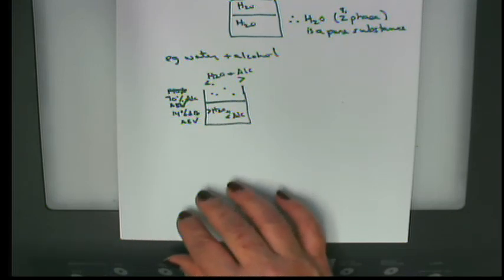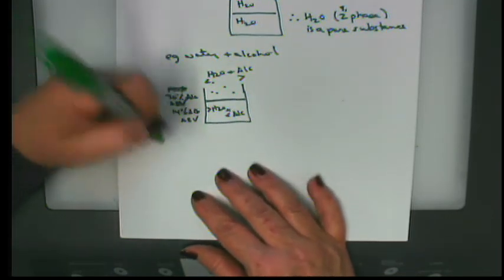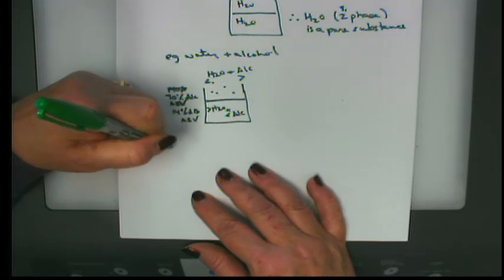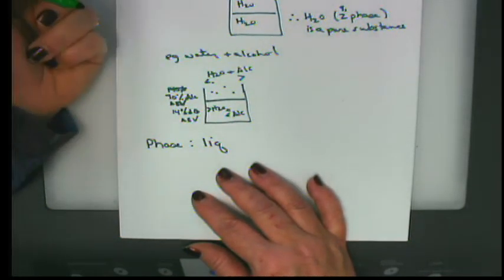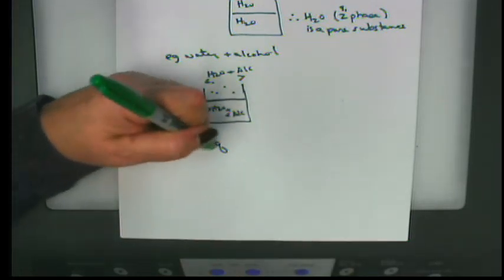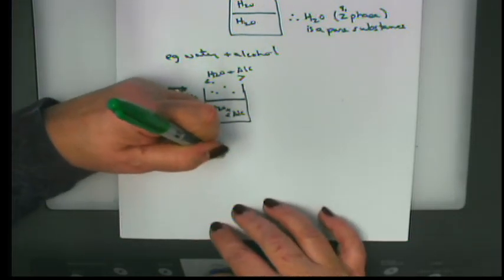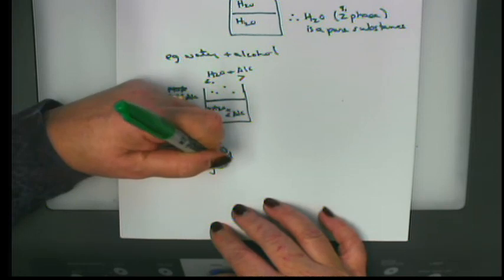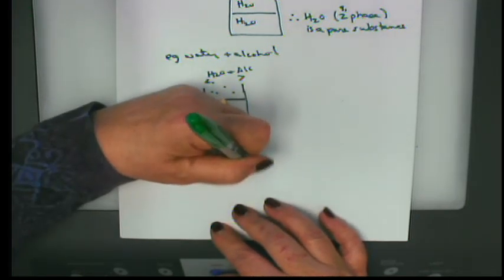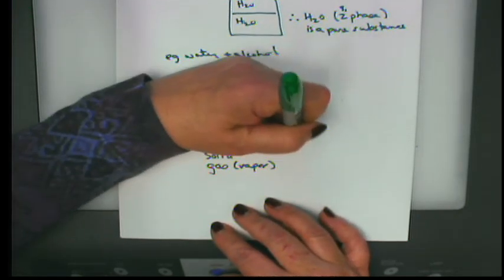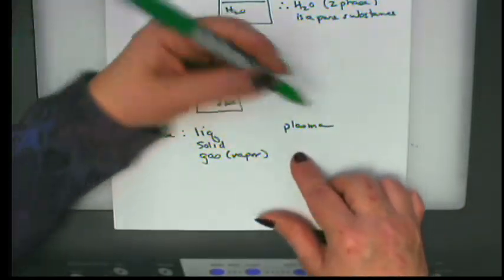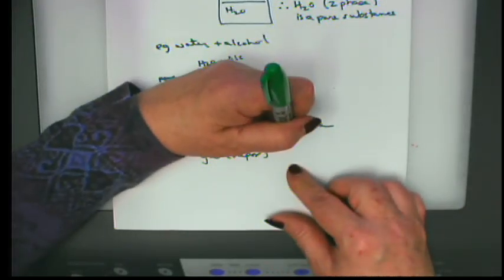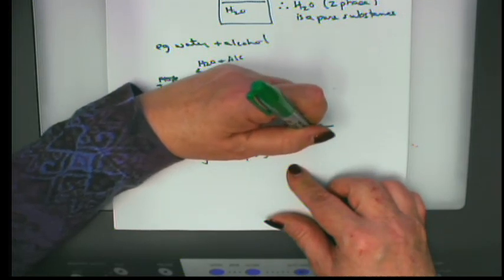So when we talk about phase, in general, the three phases we are most comfortable with are liquid, solid, and gas, or vapor. There are also some others, such as a plasma, and certain types of supercritical fluids.